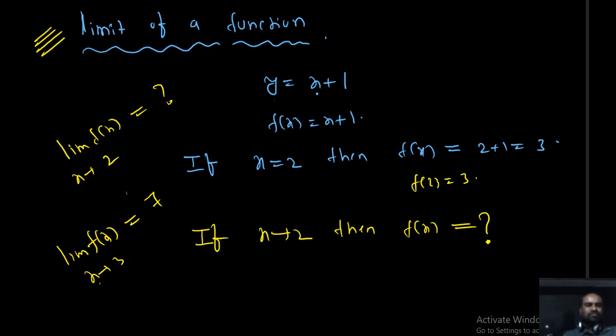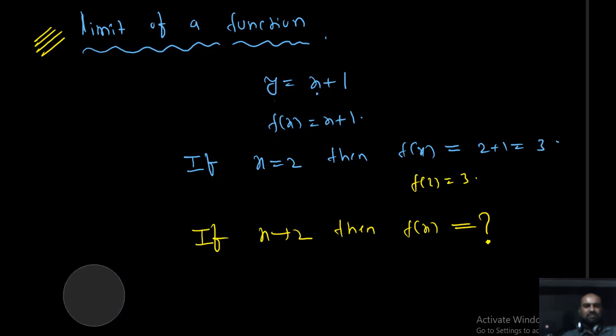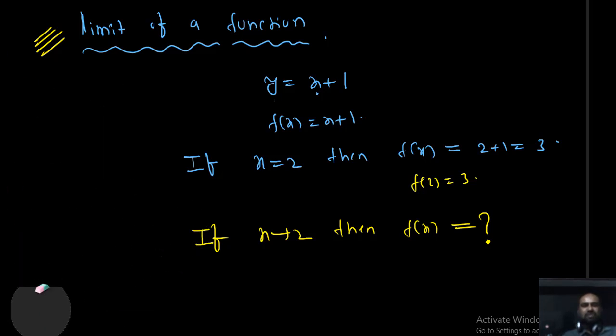Okay students, now listen. This is my question here: x is tending to 2, what happens to f of x? I want to explain this. Here what is f of x? x plus 1. So first of all I want to draw the graph of f of x equal to x plus 1.